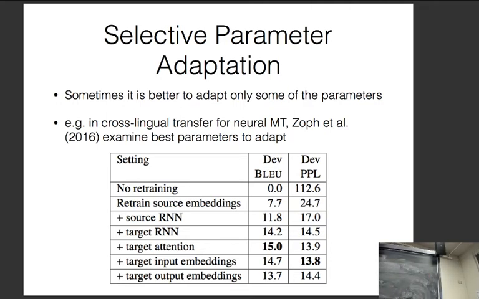And basically what they found was it was a good idea to adapt everything but the target embeddings, the ones in the English language. So don't update the English embeddings, but update every other parameter of the model. And this seemed to give them the best results.